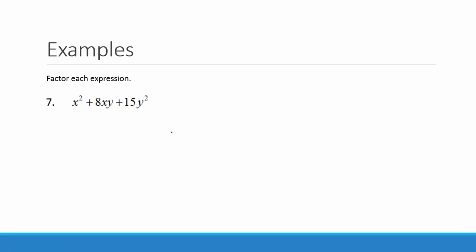We have a coefficient of 1 on the x squared term. Our b is 8 and our c is 15. So take 15 as our c, and we need to find factor pairs of 15 that add to give me 8.